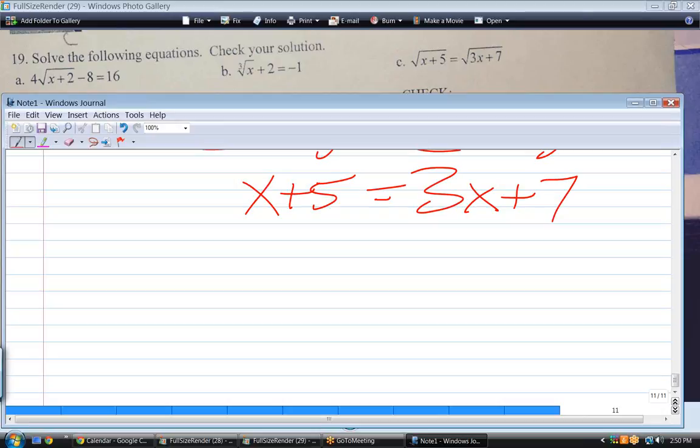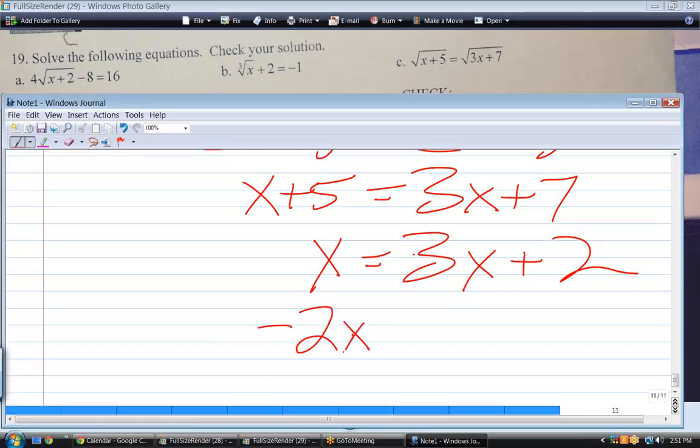Almost. Let's do them separately. So your first step was to take off the 5, right? So that gives me this. 7 minus 5 is 2. Now combine the x terms. And if I want them on the left side of the equation, which I asked for, then you've got to move this 3x over to here. So you'd subtract 3x. So what's 1x minus 3x? Minus 2x. Okay, so I get minus 2x there.